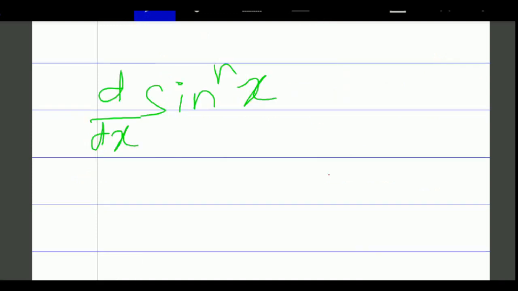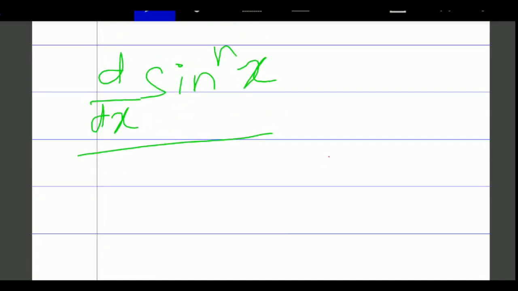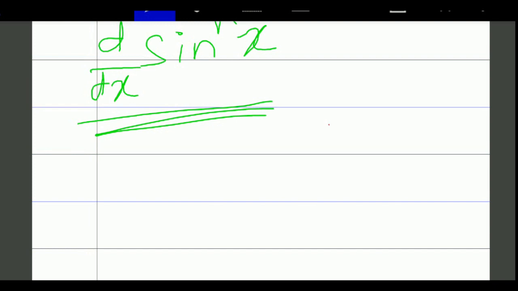Differentiation of sin^n x: this type of example I have already solved in lecture number 1, so you can attend that to clearly understand this differentiation.